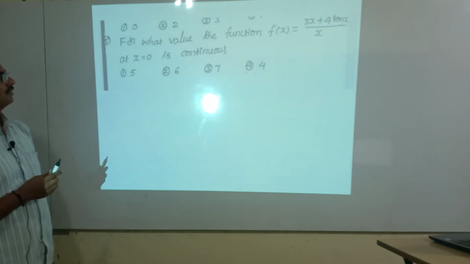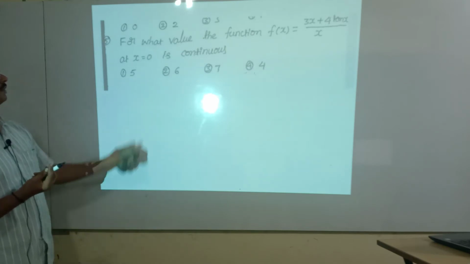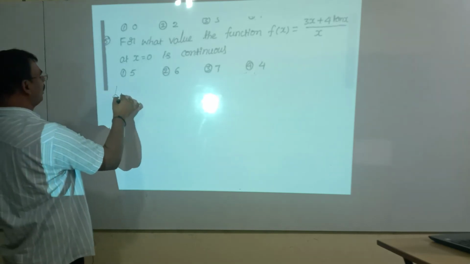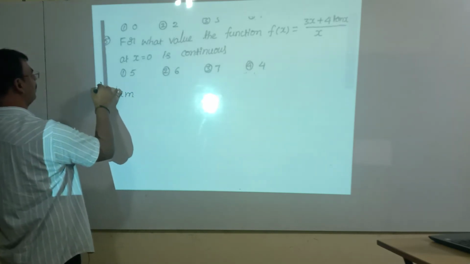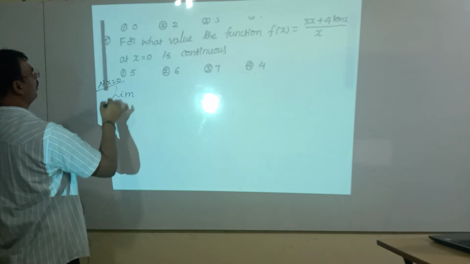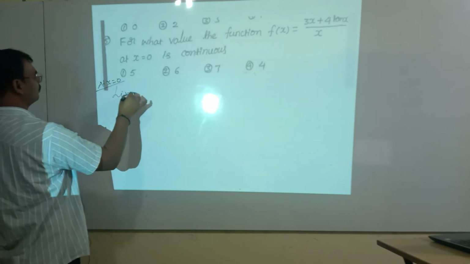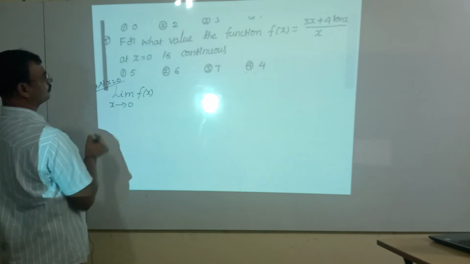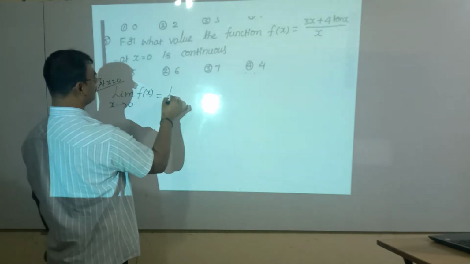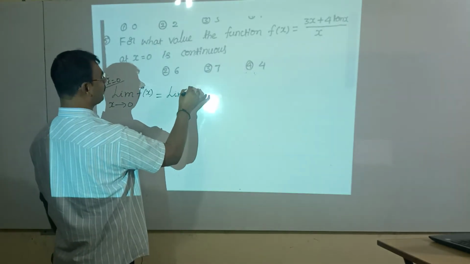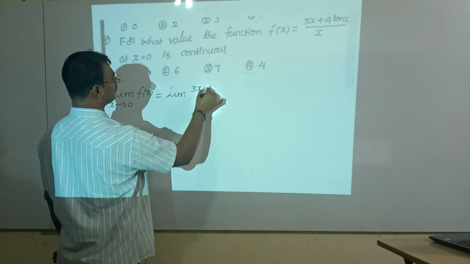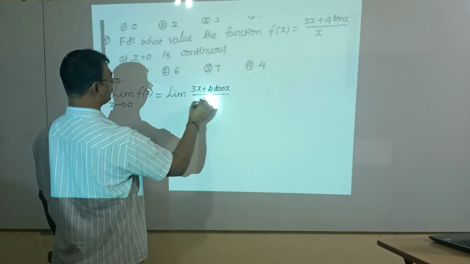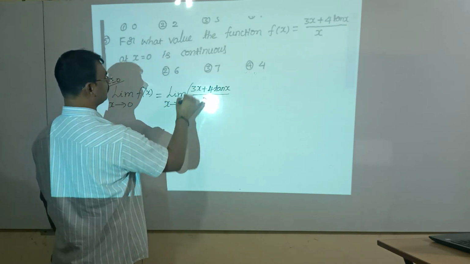When it is continuous, we have to find the limit of the function. I take the limit directly at x equal to 0. Limit of f of x as x approaches 0 equals limit of, what is f of x? 3x plus 4 tan x divided by x as x approaches 0.